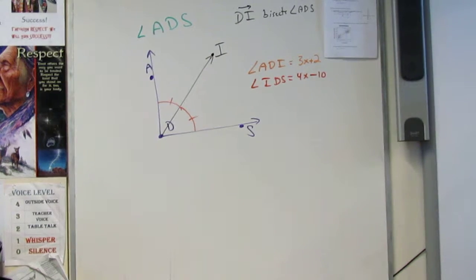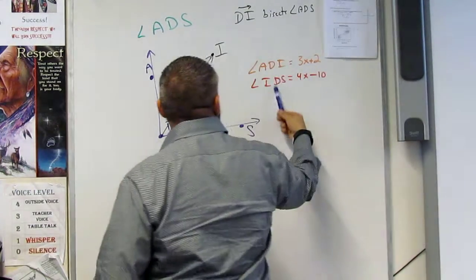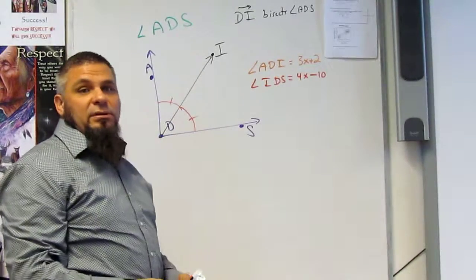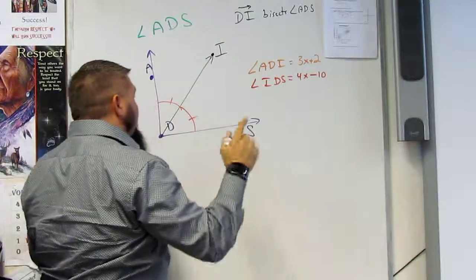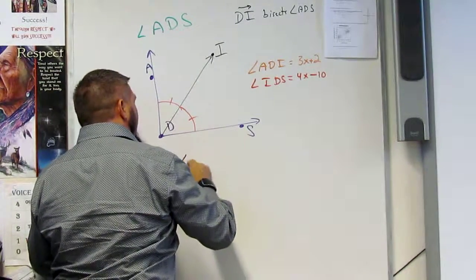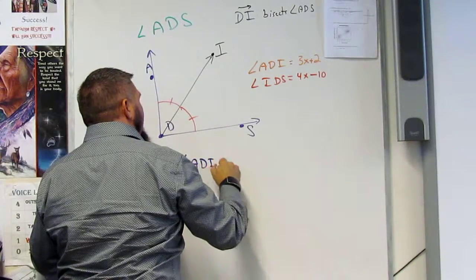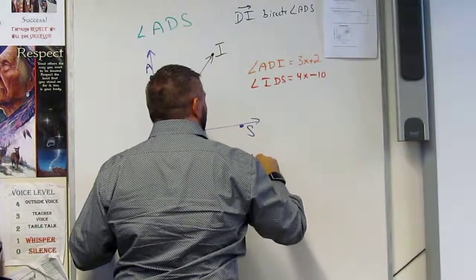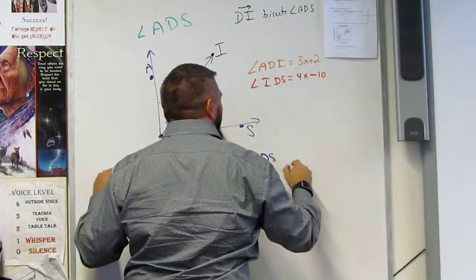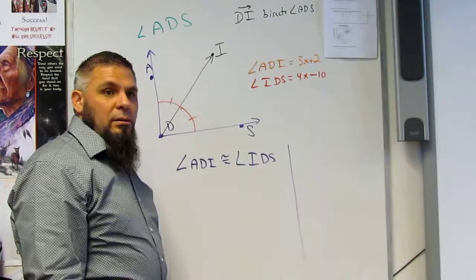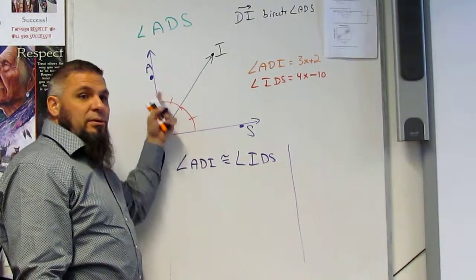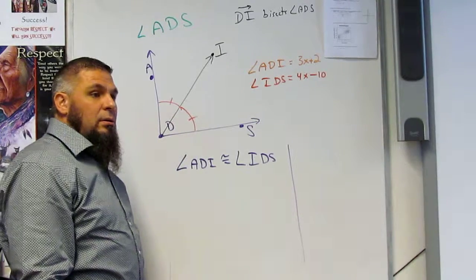So now I need to start working the problem. So this is a given, right? This was a given. This was a given. But I do know one thing. I do know that angle ADI is congruent to angle IDS. And why do I know that? What lets me know that? Why are these two congruent? Because of the little bracket thing.